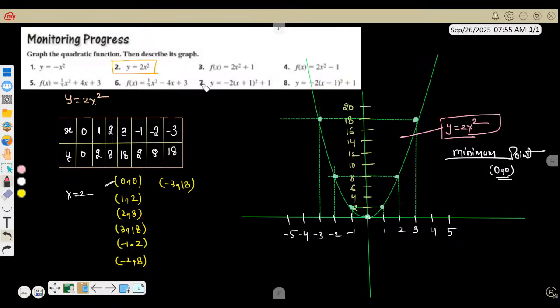Now make a graph for this function. Make the graph of this third function. These are very interesting topics actually.